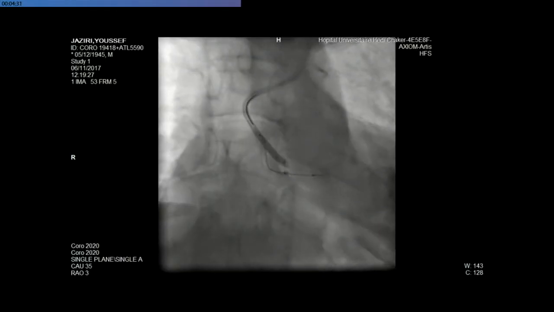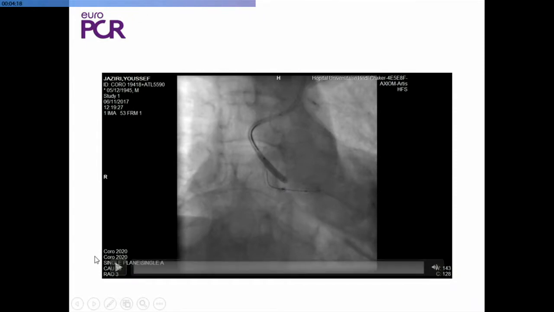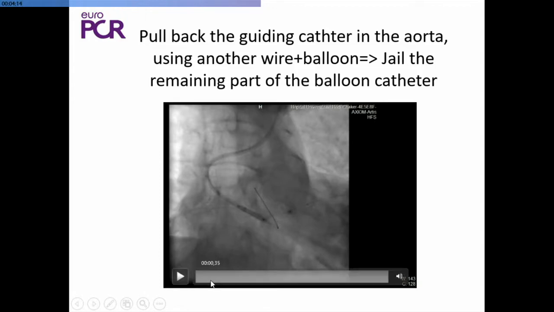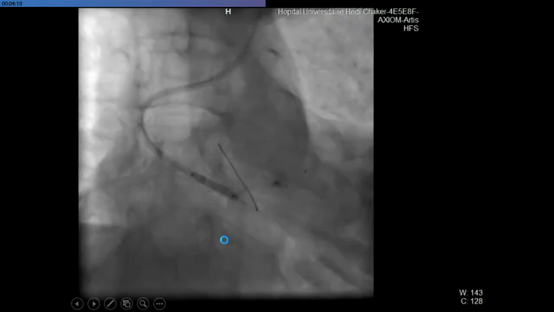So what I did, I put another wire in the aorta, and what I wanted to do was to jail the remaining part of the catheter. The first attempt did not work.